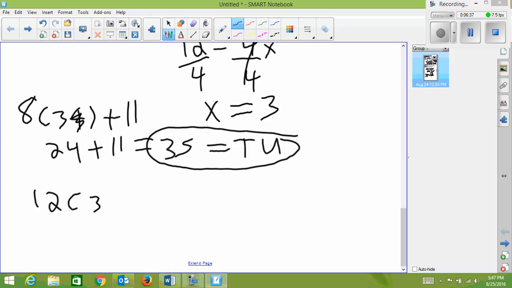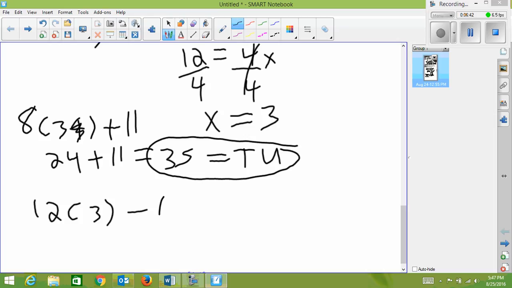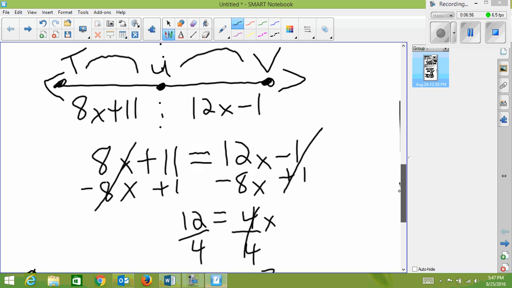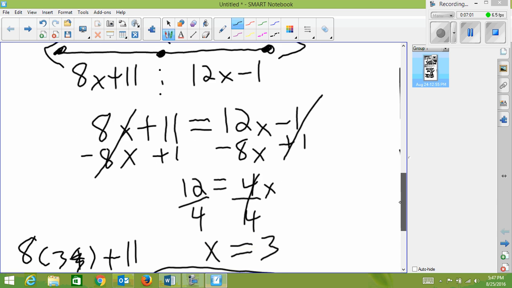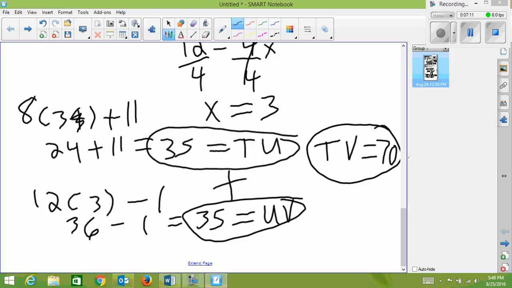So 12 times my 3 minus 1. So 36 minus 1 equals 35. And look at that. UV is also 35. Well, shouldn't it be? If that is truly a segment bisector, the left side has to equal the right side. So it's a good thing they both equal 35 then. And then they also wanted to know what TV was. So TV is going to equal 70 because you add these two together to get that.